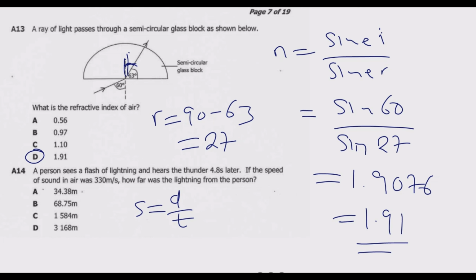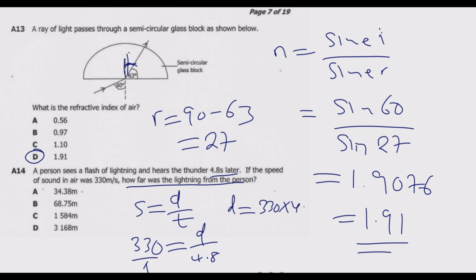So we are given time in seconds. What you are looking for is the distance. How far is it? So we have 330 is equal to distance over 4.8, which is just cross multiply. So distance is equal to 330 multiplied by 4.8 seconds.